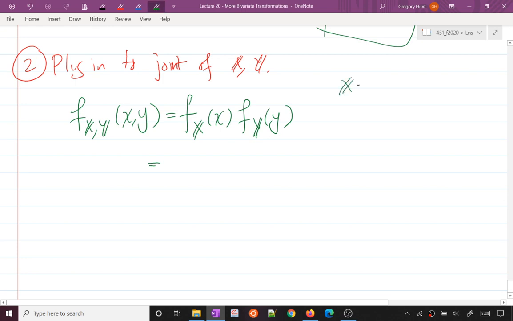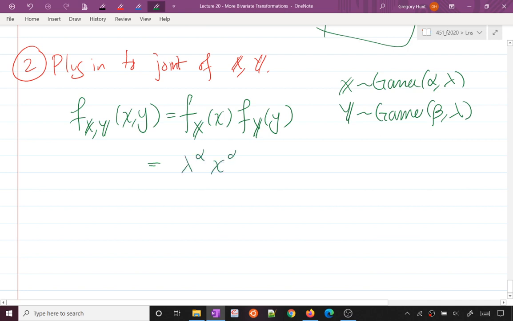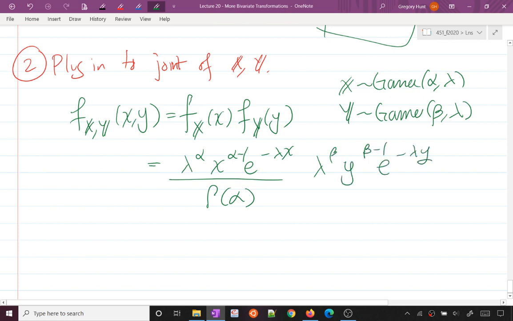And we said that x was gamma alpha lambda and y was gamma, what did we say, beta lambda, right? So you have to remember the gamma distribution. The marginal of x is lambda to the alpha, x to the alpha minus 1, e to the negative lambda x, all over gamma of alpha. And similarly for y, it's lambda to the beta, y to the beta minus 1, e to the negative lambda y, all over gamma of beta.